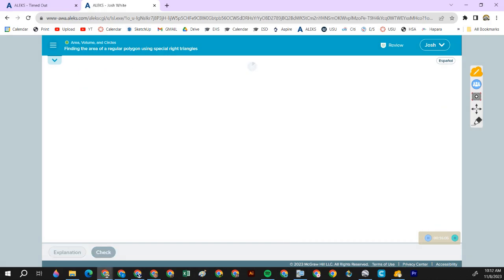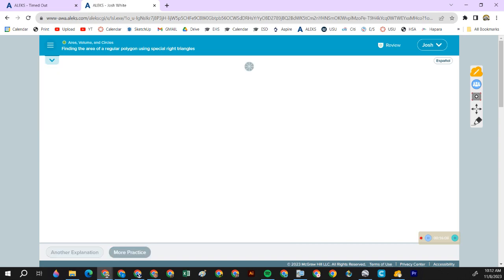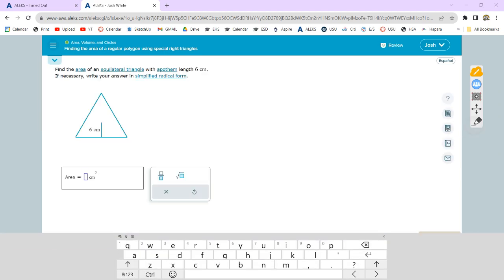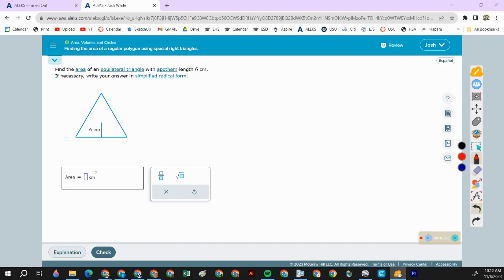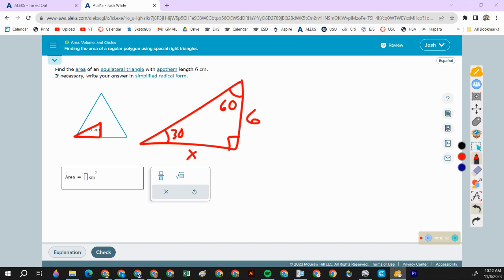So let's go back to one of those that just had a triangle. Here we go. Okay. So this is a 60-degree angle. So if I draw this triangle, 30, 60, 90, and I know that this is 6. Okay, and I want to figure out what that is.